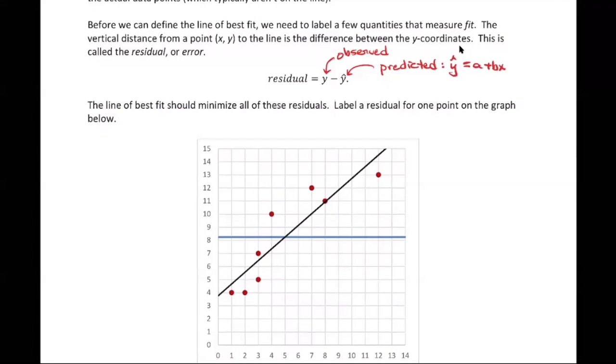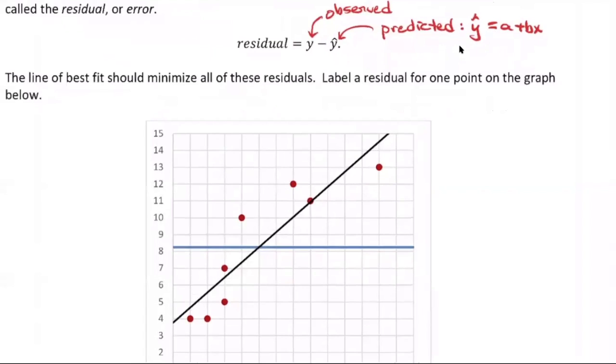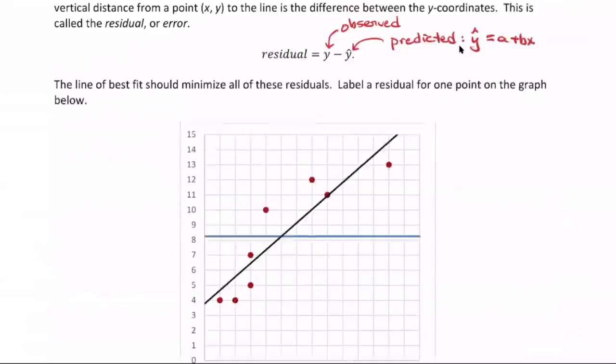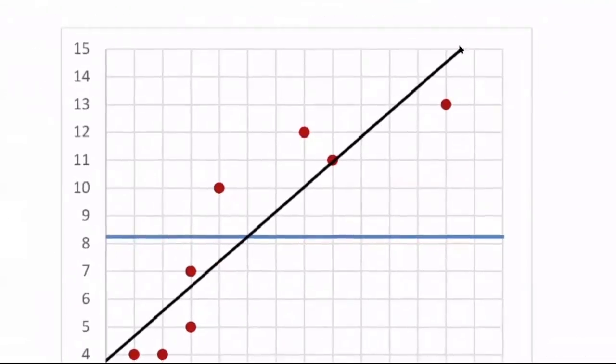It says the line of best fit should minimize the residuals. These are distances from the line of best fit to a data point. So it says to label a residual for 1 point on the graph below. All right, there's a bunch of labeling we have to do. So for this point right here, I'm going to draw a line straight down to this blue line, and I'll explain that in a second.